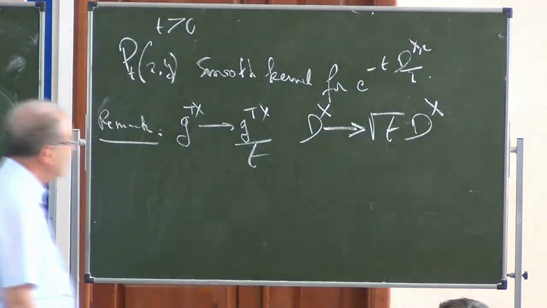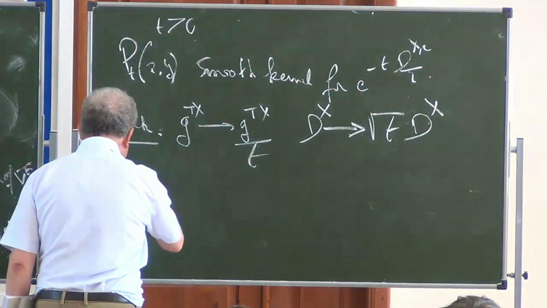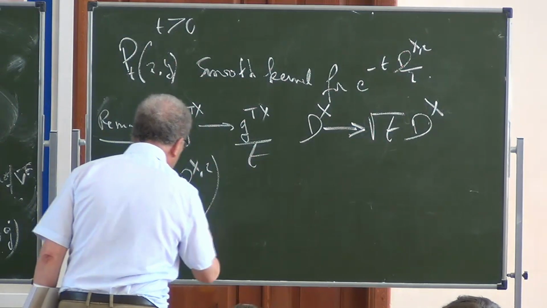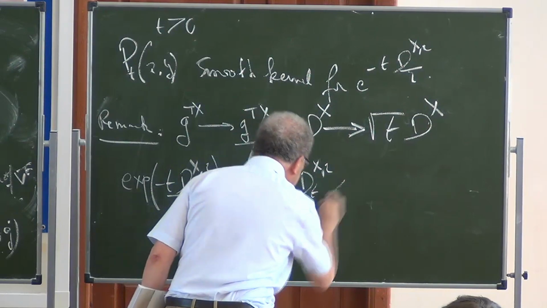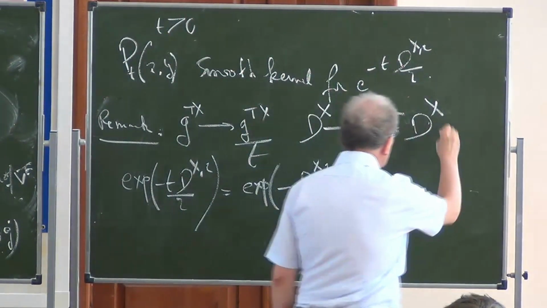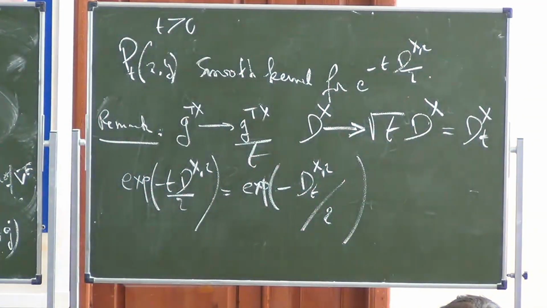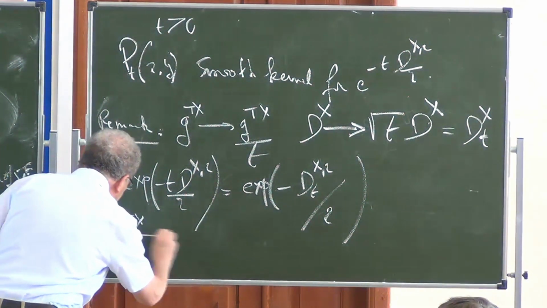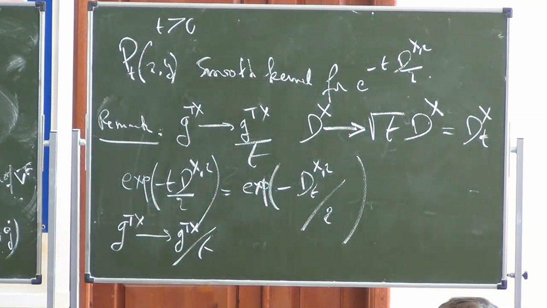So exponential of minus t D^X squared over 2 I can write as exponential of minus (D^X_t) squared over 2. In other words, we are just scaling the metric g^TX by the factor 1 over t and seeing what happens when t tends to 0.